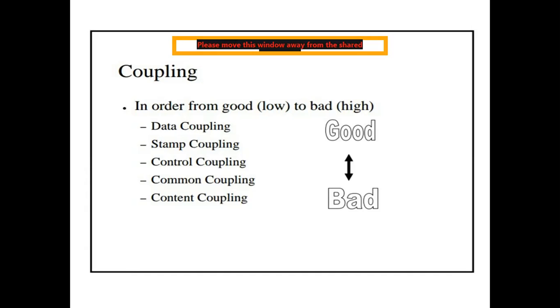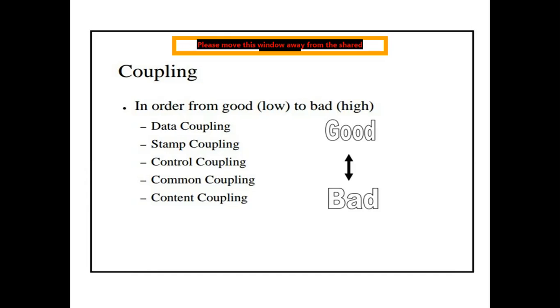If you see data coupling, the order is good, means more powerful, more strength. As we go downward to content coupling, at the lowest level, we can also call it bad. So the strength of the coupling here is bad. The level is bad.